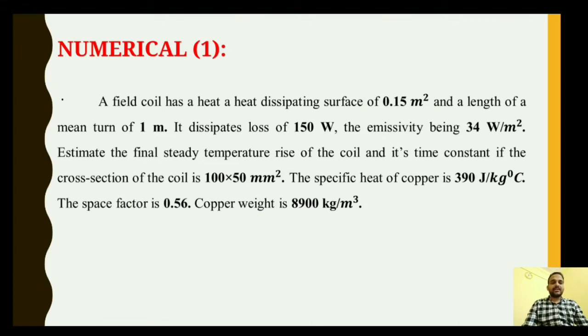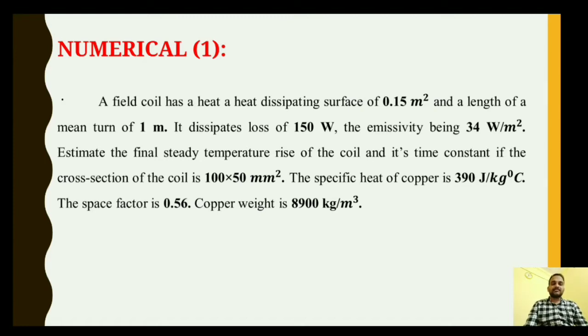Estimate the final steady temperature rise of the coil and its time constant if the cross section of the coil is 100 by 50 millimeter square. The specific heat of copper is 390 joules per kg degree Celsius. The space factor is 0.56 and the copper weight is 8900 kg per meter cube.